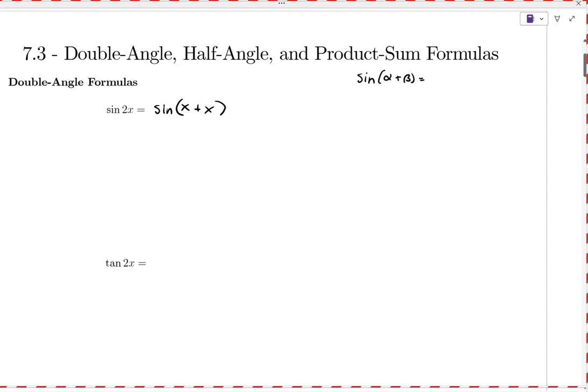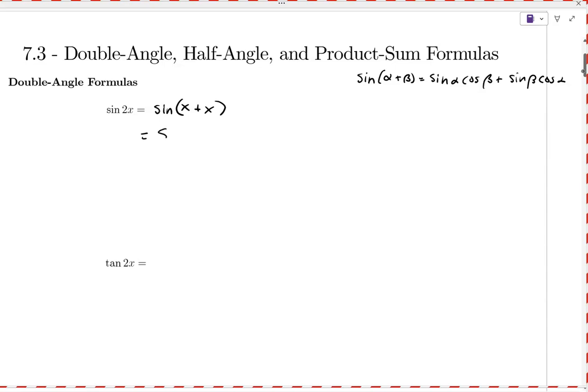Sorry. So this is sine of alpha, cosine of beta, plus sine of beta, cosine of alpha. Using our sum formula here, what can I use for alpha and what can I use for beta, in how we just rewrote this? What can I use for alpha? x. And what can I use for beta? x. Yeah. So what are we going to get if we use x for alpha and x for beta?